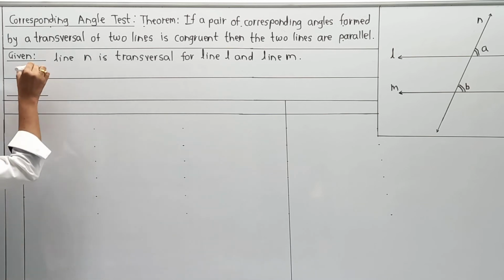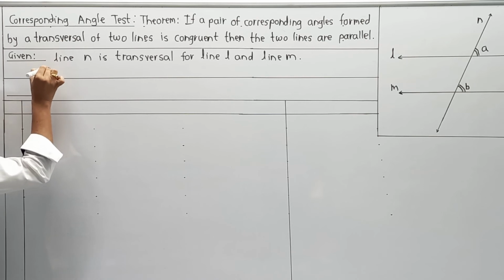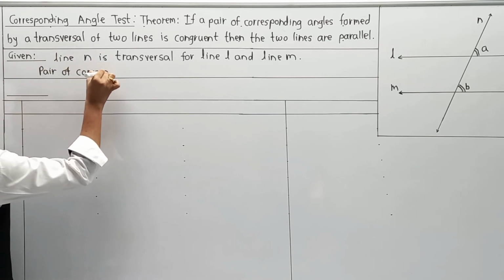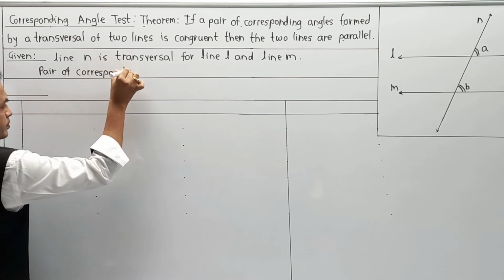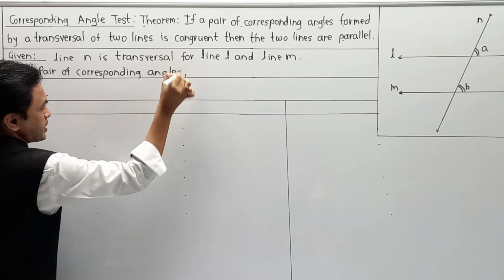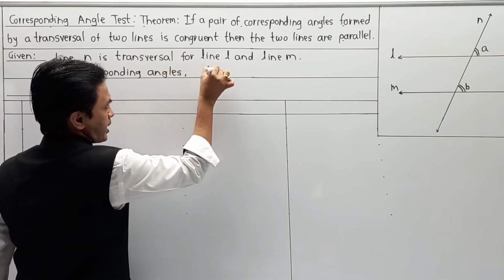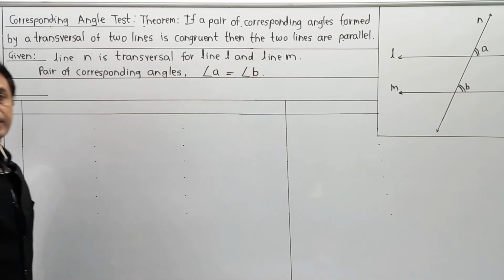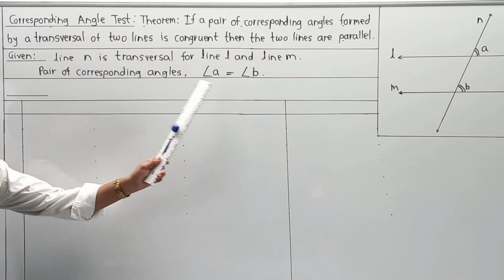So I am going to write: pair of corresponding angles, meaning angle A is congruent to angle B. Now we are giving the declaration of corresponding angles.